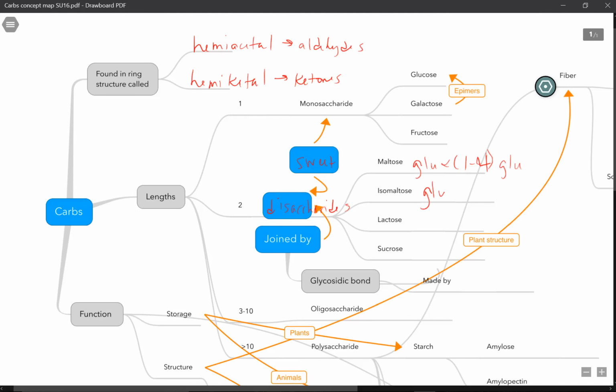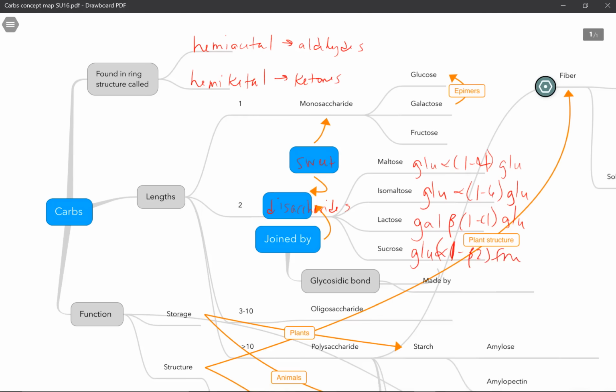And isomaltose is glucose with the alpha 1,6 branch point stuck in between, so it's glucose alpha 1,6 glucose. Lactose is galactose beta 1,4 glucose. And then sucrose is glucose alpha 1, beta 2 fructose.